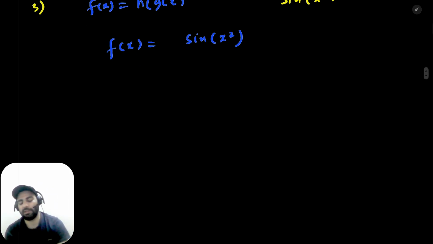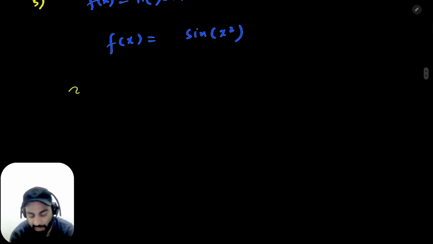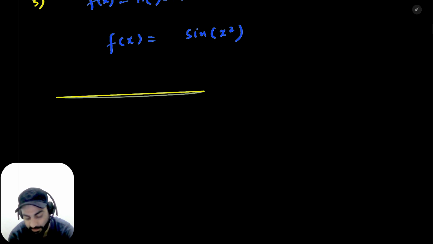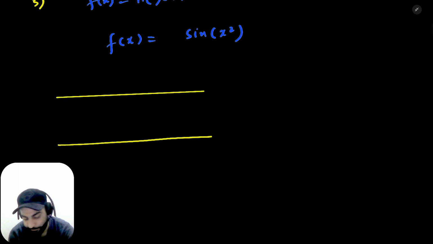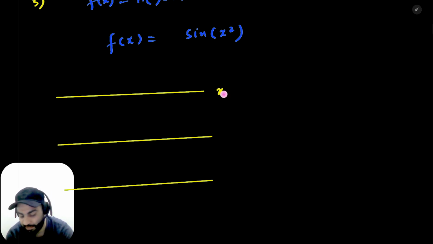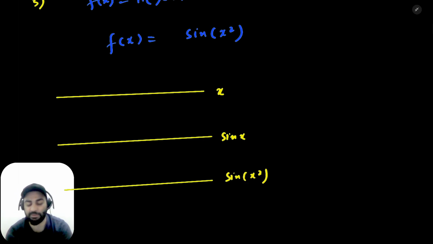For that we'll resort to a different visualization. Here I'll make three number line axes. This is, let's suppose, x. This represents x, this represents x square, and this represents sine of x square. Not the values but the line. For example, for this value of x we had the value of x square.